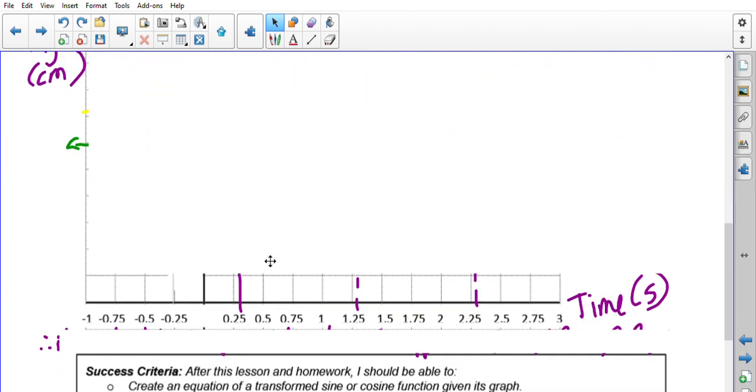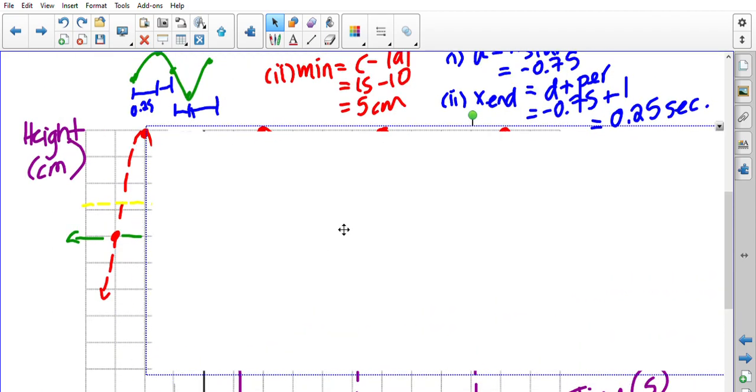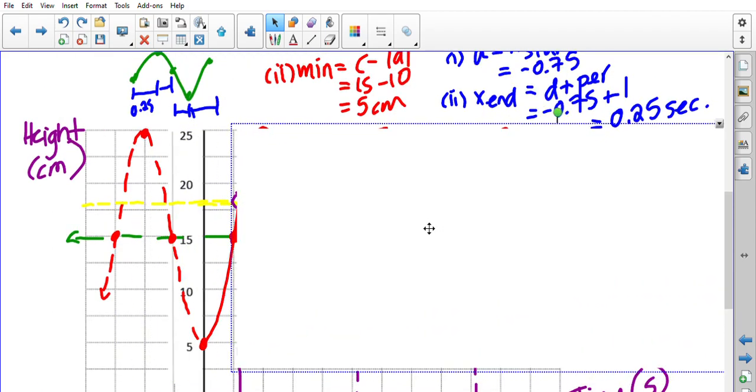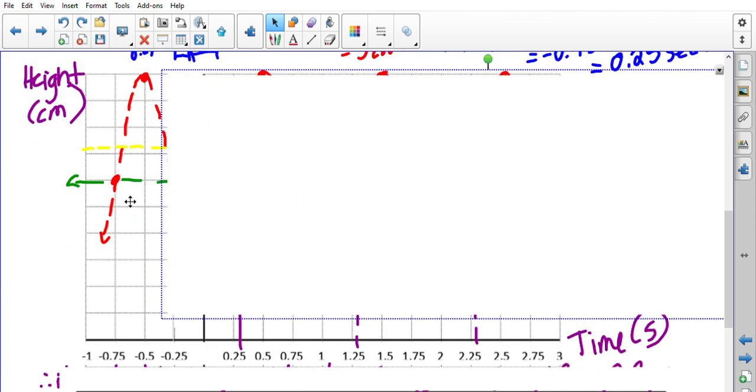All right, so let's start our sketch. When we draw, we should be starting at negative 0.75, and then going 0.25 over, we're going to hit our max. So just look at the red line for now.